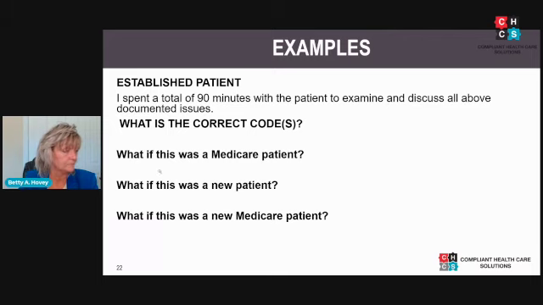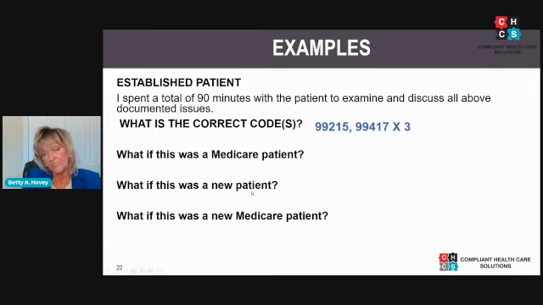We would be sitting at 99215 with 99417 and 3 units. And now again, the 99215 is 40 to 54 minutes according to the CPT book. That's our time range for it.